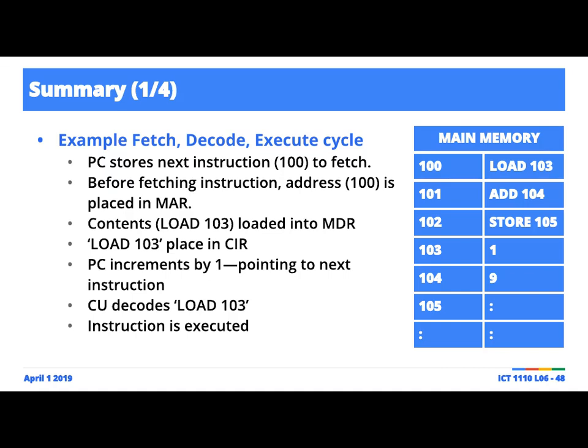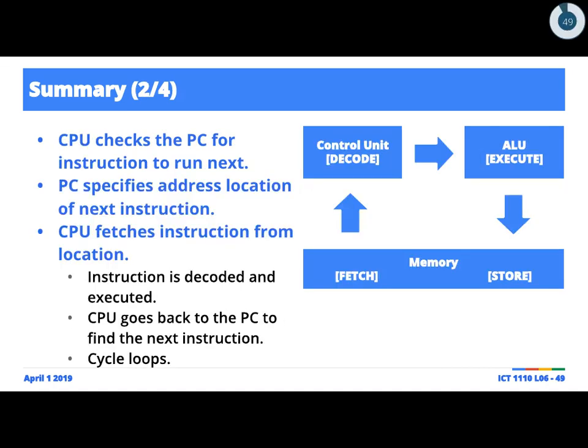The CPU will decode the instruction to figure out what actually has to be done, right? And then the instruction will be executed, right? So to sum it all up, this is what we are going through. We are looping through these 3 different phases here: fetch, decode, execute, optionally store, which is where the fetch, decode, execute cycle name comes from, right?